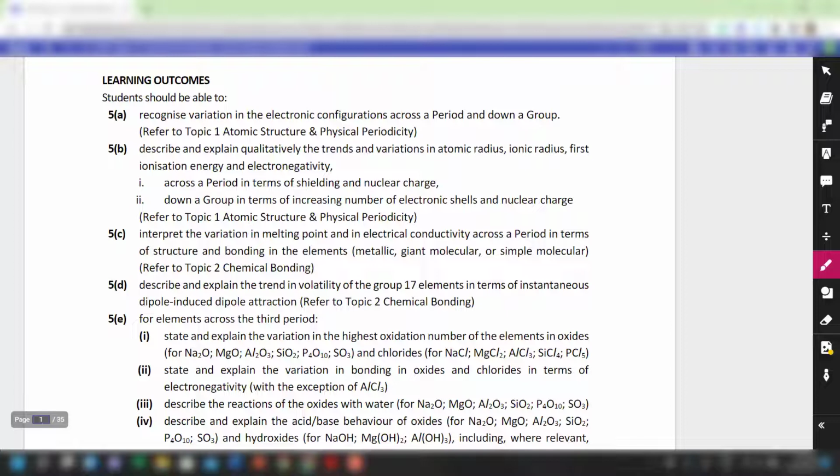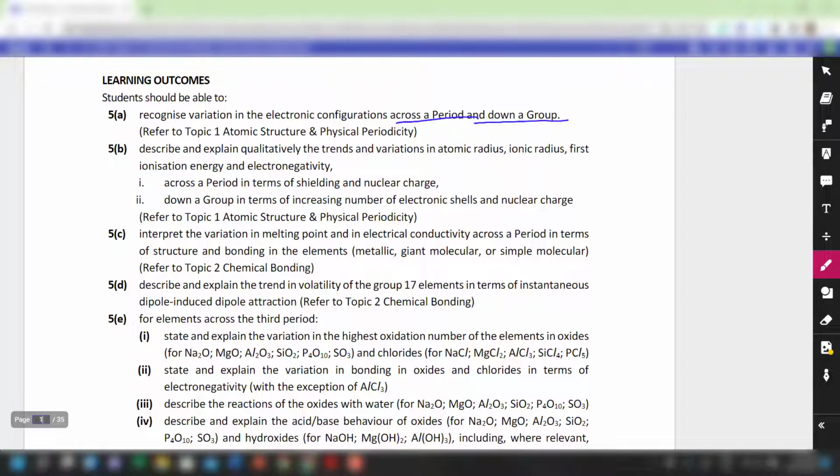Okay, so if you look at 5A, students are required to recognize variation in the electronic configuration across periods and down a group. Well, this will be easy because electronic configuration under the first topic on atomic structure is something which you are very familiar with. Yeah, it's the first topic you studied when you entered the school, right?